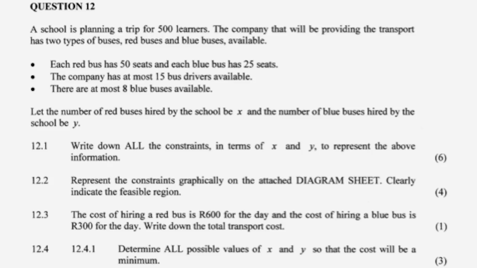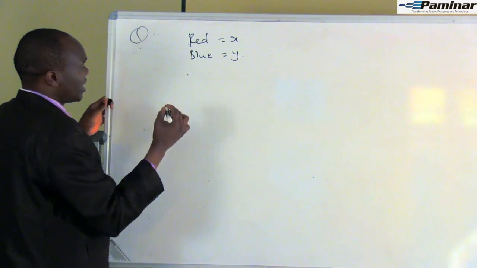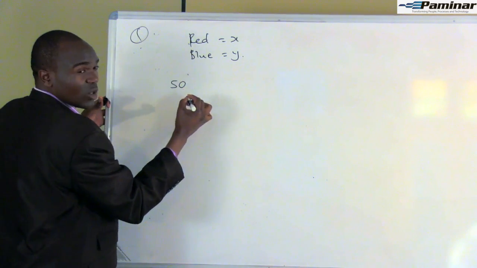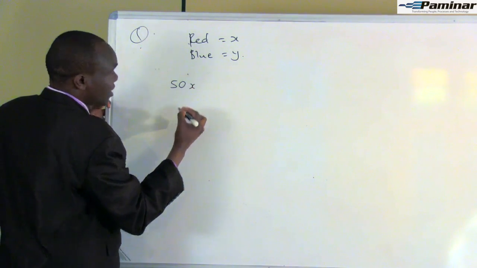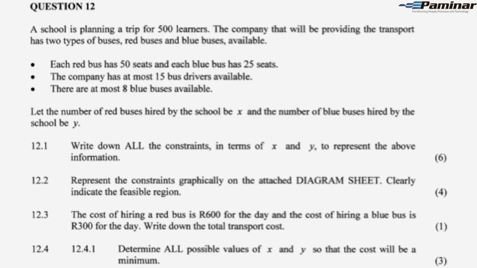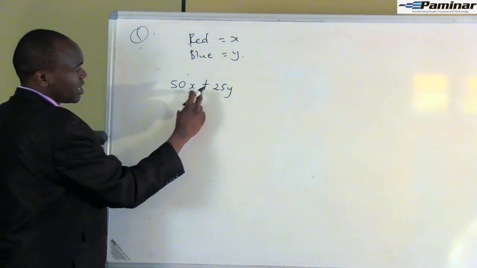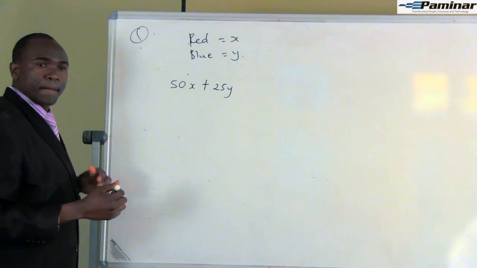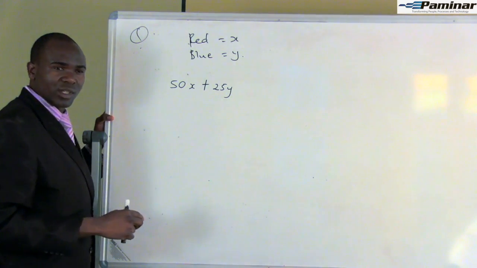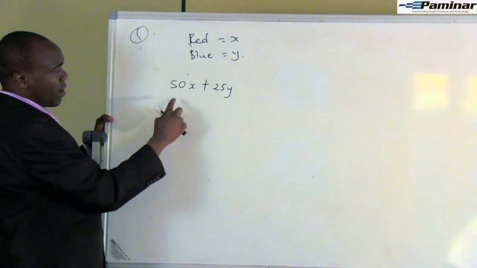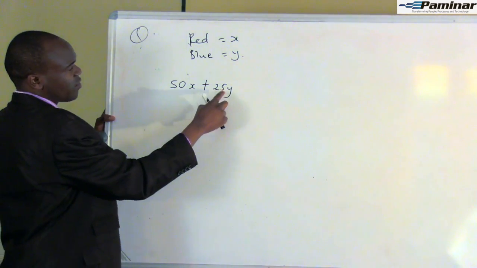Now it says each red bus has 50 seats. But we don't know how many red buses are going to be there. That's why we represent it by X. So each red bus has 50, and each blue bus has 25 seats, so 50X plus 25Y.